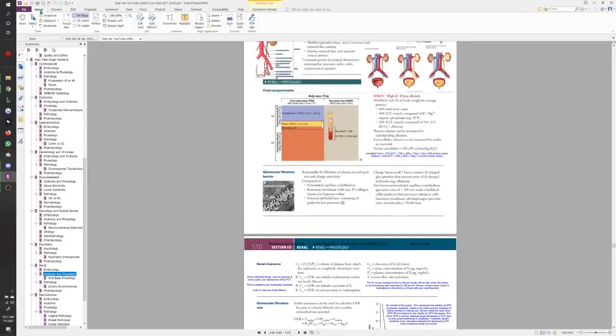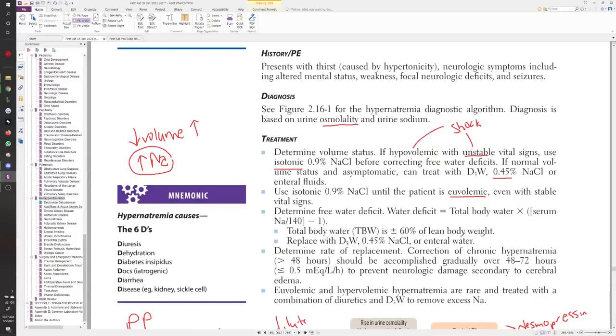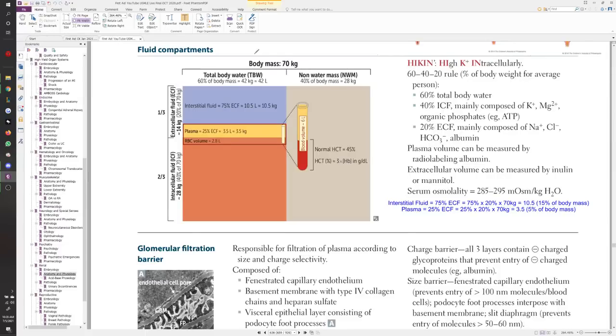yeah, one of the first things you learn about in renal physiology is this table, right? Where there's a pretty nice breakdown, and you need to know what's in each one of these colored rectangles. That's kind of what we're coming back to right here, right? So total body water is about 60% of a person's body weight, right? And they told you that this person's body mass was 70 kilograms, so 60% of that was 42 kilograms.